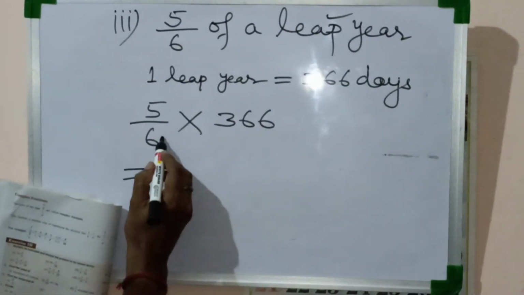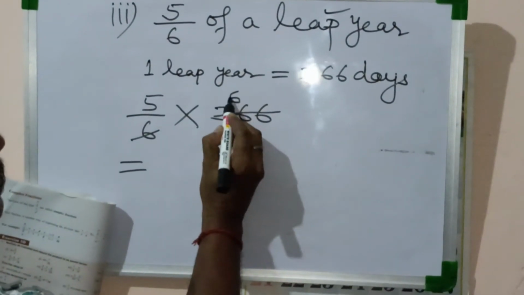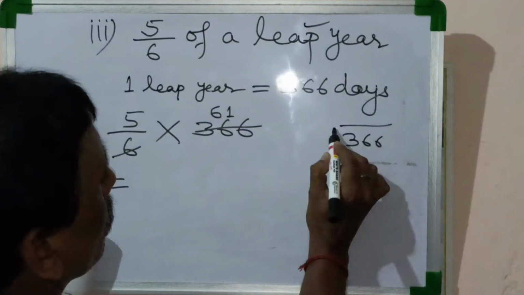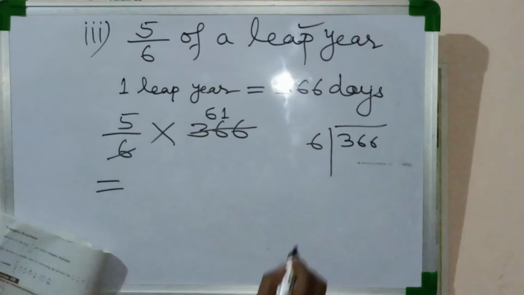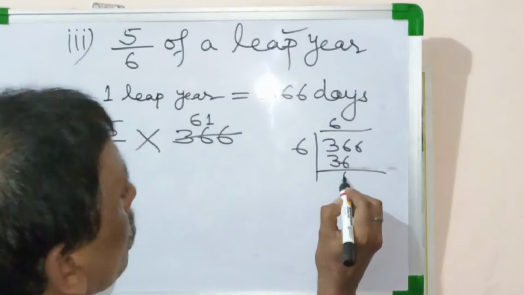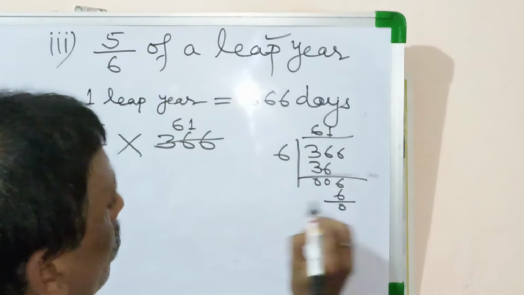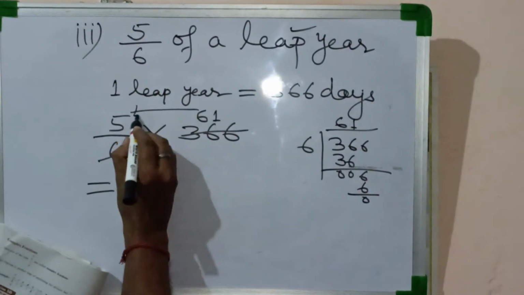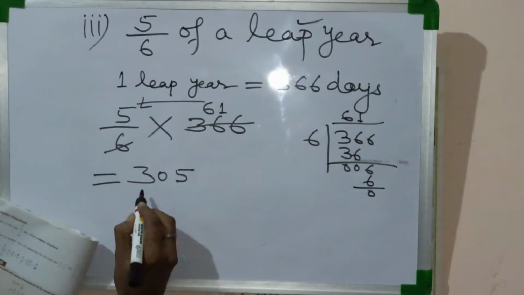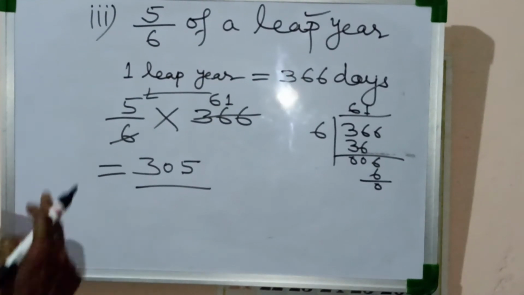So 6 divides this 366. You can divide like this, 366 divided by 6. 6 sixes are 36, and then 6 will be here, 6 ones are 6. Now 61, and now 61 into 5. 5 ones are 5, 5 sixes are 30. Okay. So in this way you can do the third part.